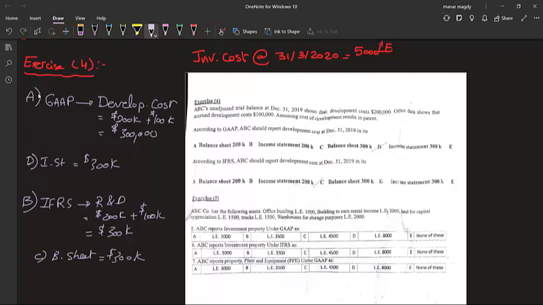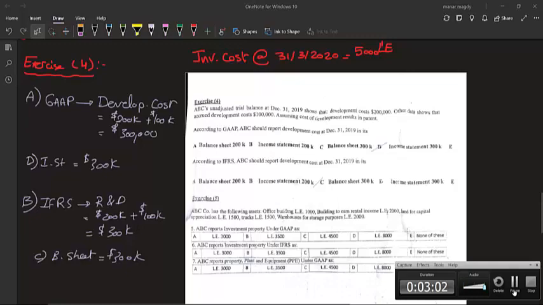So the only difference is the accounting treatment, or how they are going to be categorized. GAAP would treat it as an expense, while IFRS would treat it as a specific category for R&D.